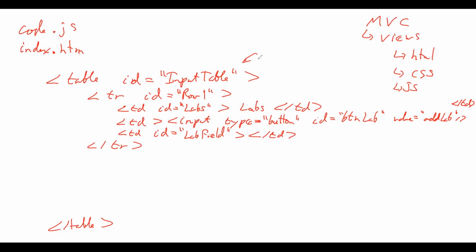Now the key thing is the ID, right? So let's take the scenario for the other assignment. So what's important here is, for instance, lab field. Okay, so now let's take a look at, somewhere else, I guess, we could create another table on the HTML page.